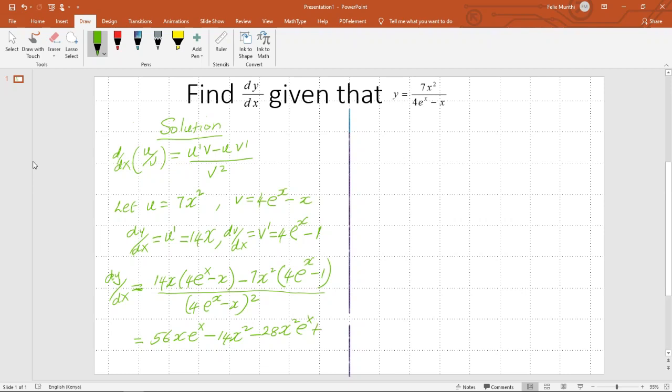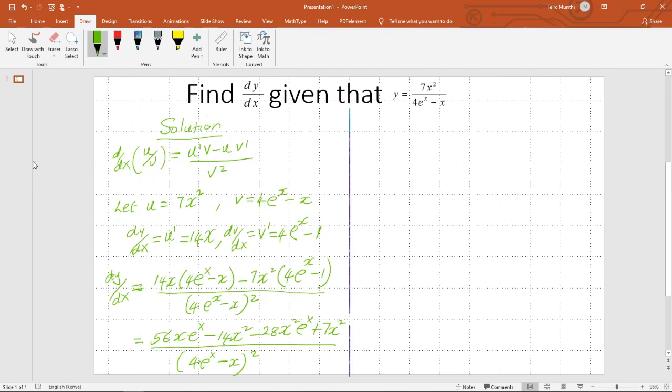This will give us positive 7x squared. This is all over 4e^x minus x, squared.